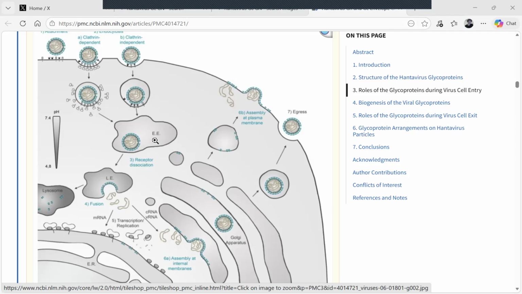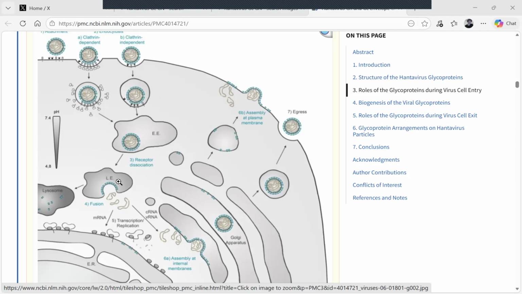The lighter areas are closer to neutral, or slightly alkaline. But the key is that the endosome is supposed to break it apart. Well, the virus has learned through evolution to be able to survive the digestion of this higher pH in the endosome. So this will end up coming out.